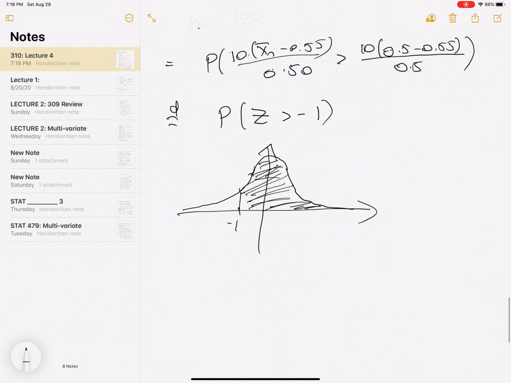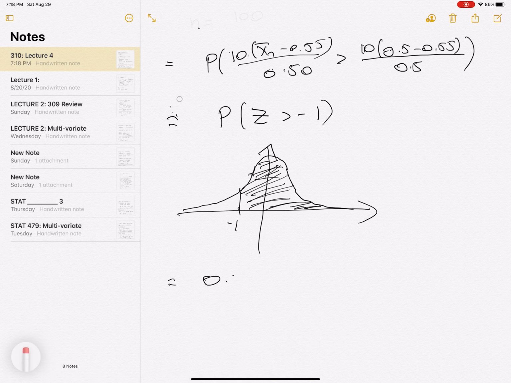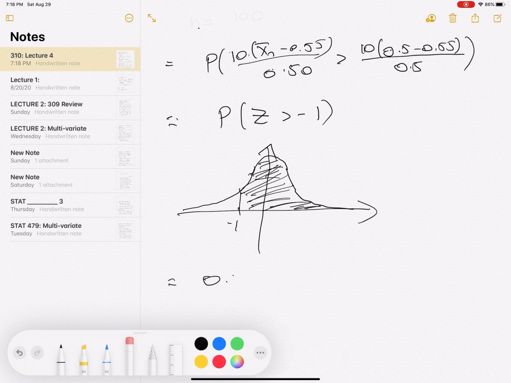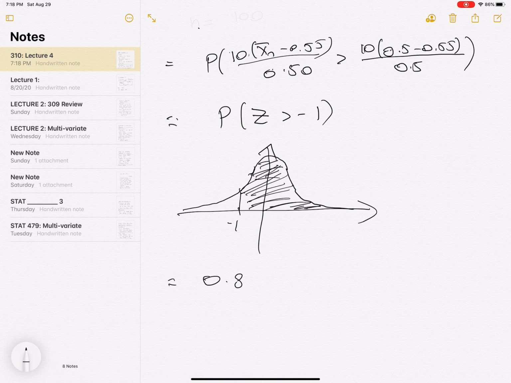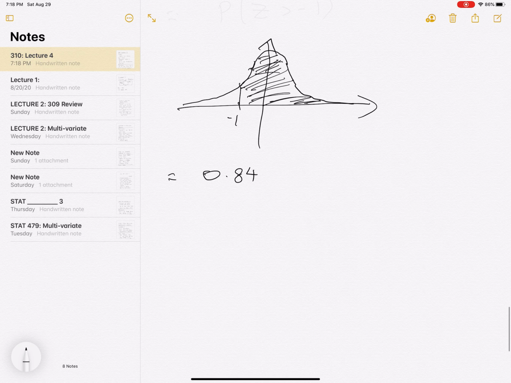And if you look that up, that's going to be approximately 0.84. Okay, and so that addresses the question. And again, this is identical to what we did in lecture 1, but now we're doing it having covered the central limit theorem and the normal approximation.